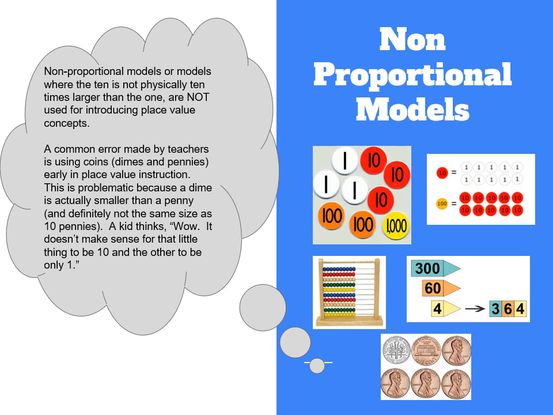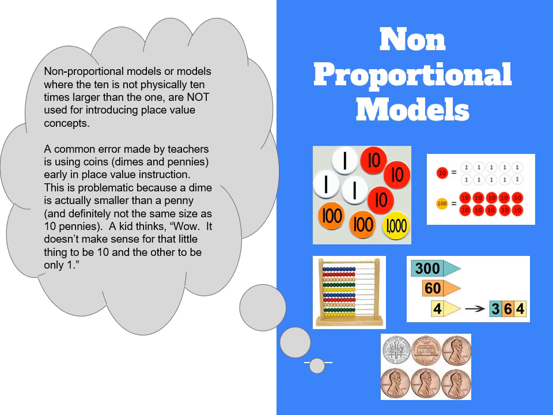Another non-proportional model are these place value discs that are used in Singapore math. And you'll notice that all the discs are the same size. These are little chewy discs, I call them. They're the little styrofoamy discs. Another non-proportional model is an abacus, because each of those rungs represents a place value.